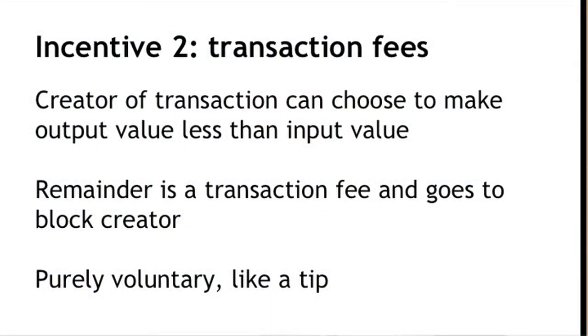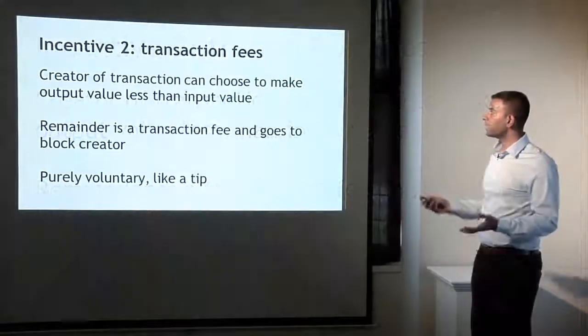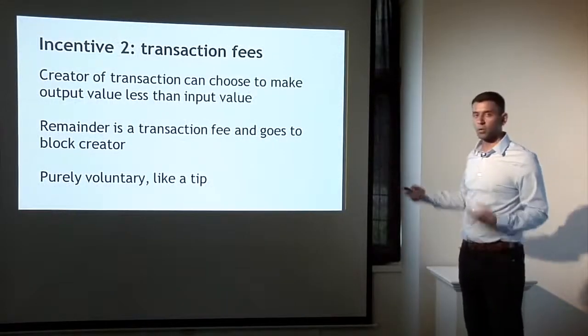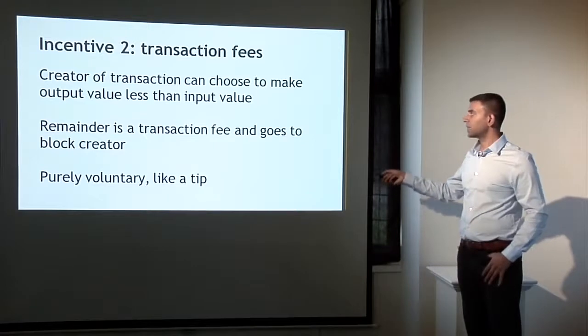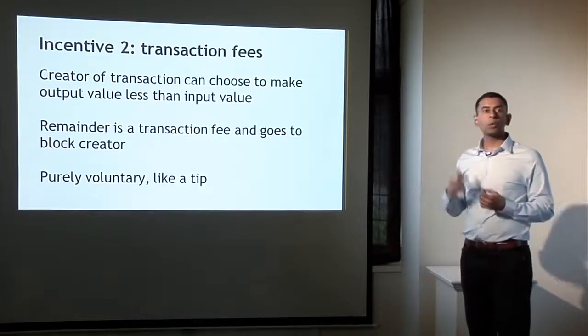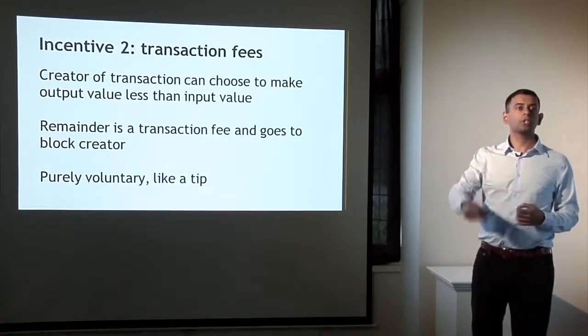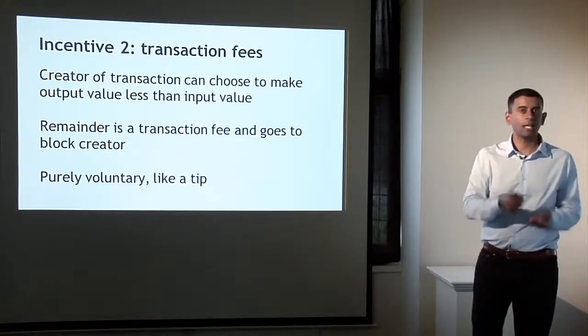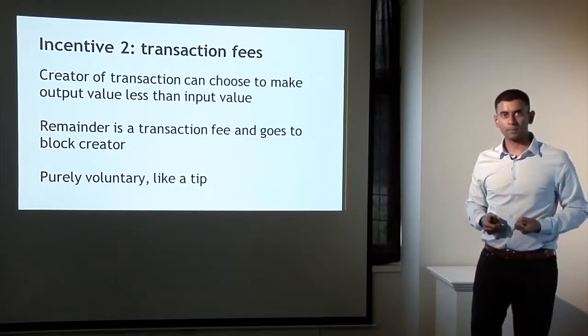So the creator of any transaction, not the creator of a block, but the creator of a transaction, when Alice is paying Bob, she can choose to make the output value of that coin less than the input value. And the way that all the nodes interpret this difference, according to the rules of Bitcoin, is that it's a transaction fee. And whoever creates the block that first puts that transaction into the blockchain gets to collect that transaction fee.